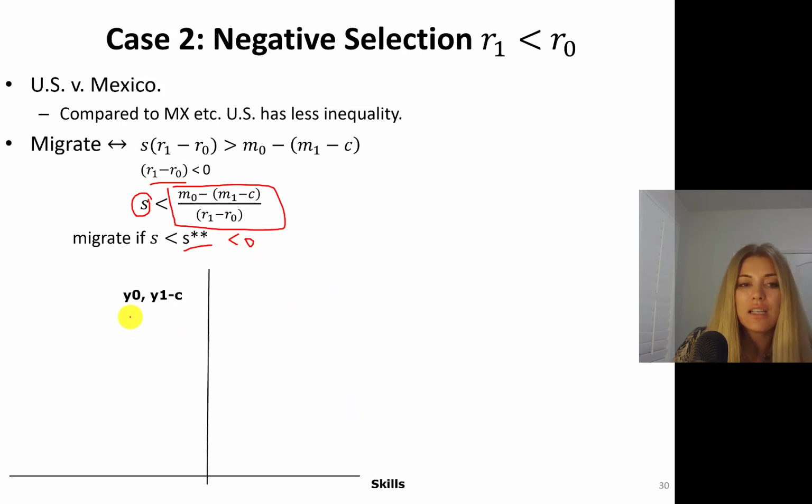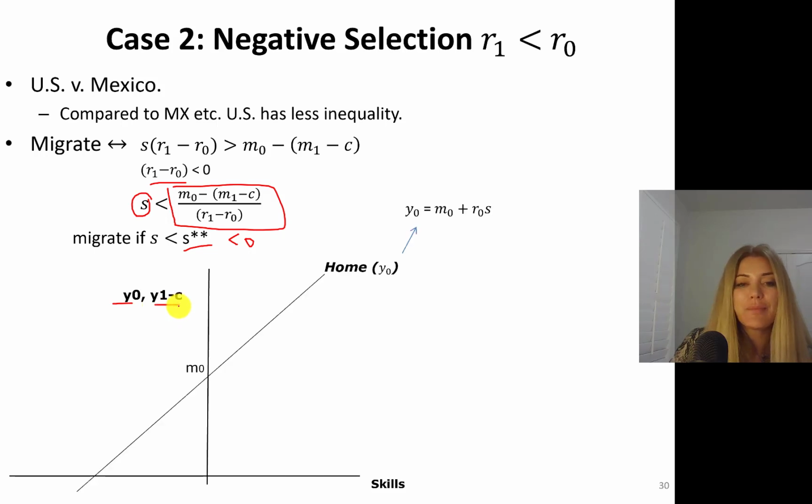Skills here, present value of income if you stayed at home, present value of income if you came to the US. So this is your home situation. Present value of income at home is M0 plus R0 times S. M0 is here. R0 is the slope here. Slope, positive number.